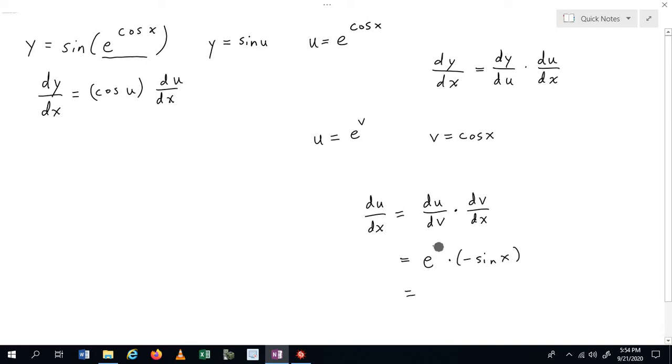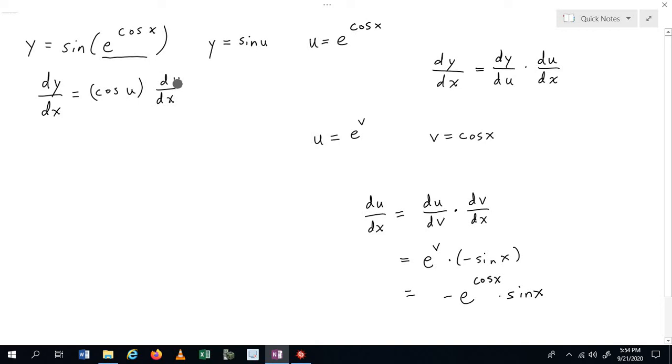Okay, and then let's go ahead and replace the v. Remember, v is equal to cosine of x, so this is really e raised to the cosine of x. And then I'm going to put this minus sign in front. It doesn't matter, it's multiplication, it's really a minus 1, so I can multiply in any order that I want. So I can multiply by negative 1 first. And then that's getting multiplied by sine of x. Okay, so now we know du dx.